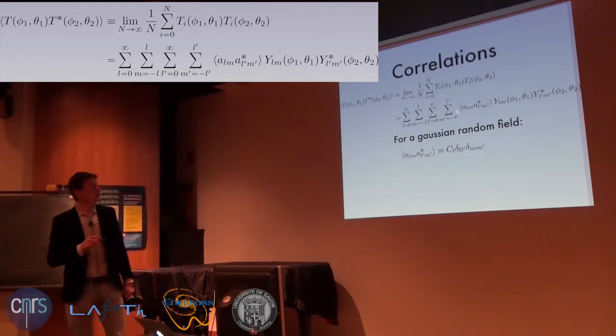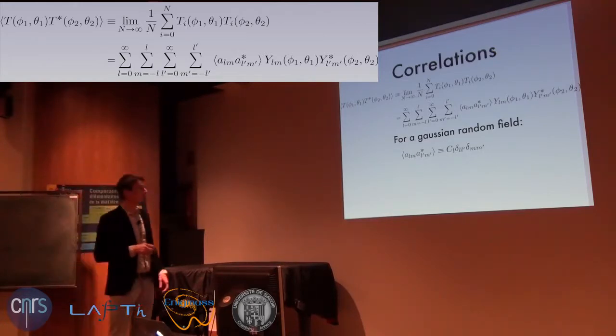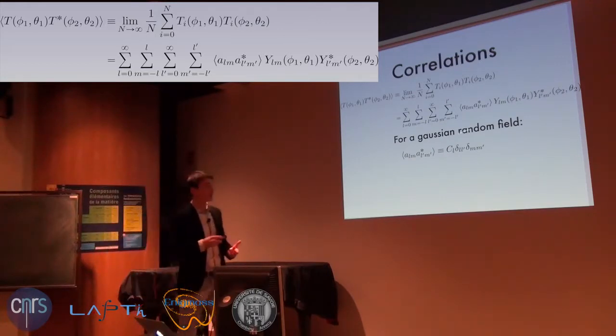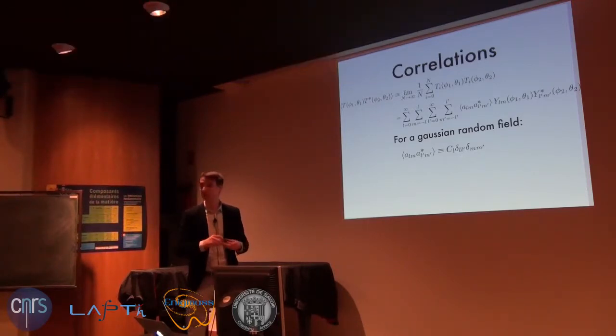So this cross-correlator is only non-zero if L is equal to L' and M is equal to M', and the value is given by CL. So it's a function of L only, not a function of M, and this shows you that this is an isotropic Gaussian random field because it does not depend on the orientation of my spherical harmonic, it only depends on the angular size of my spherical harmonic.